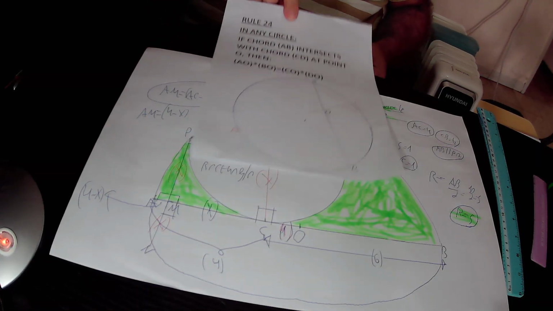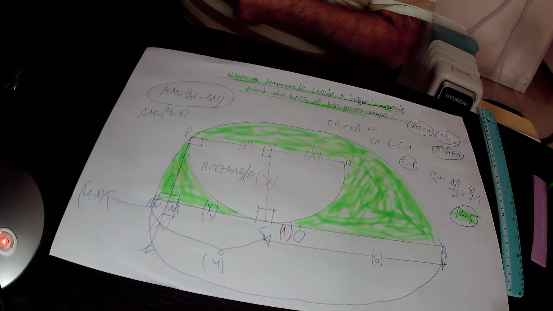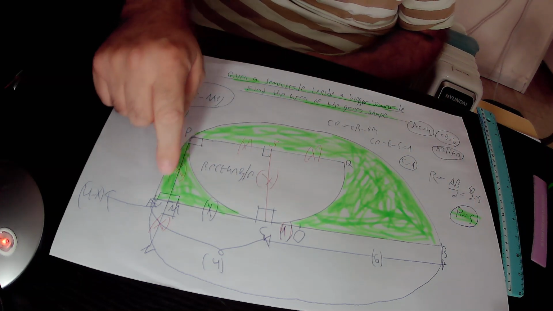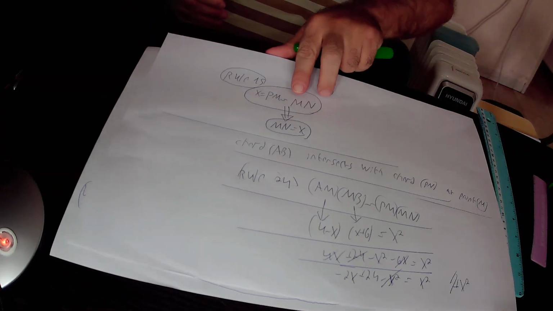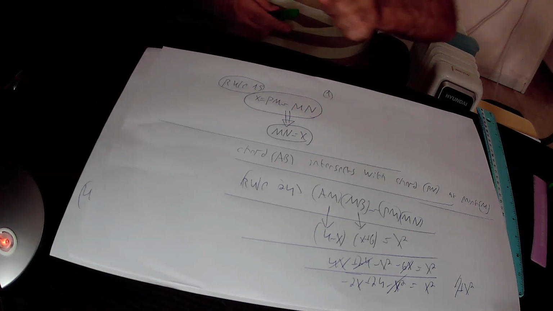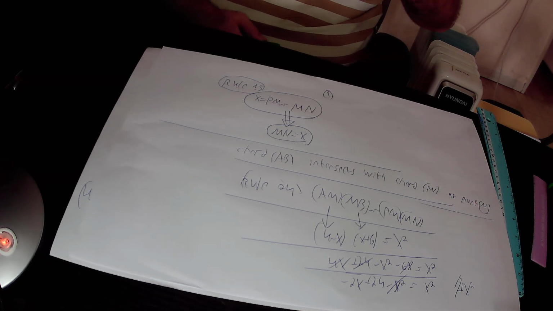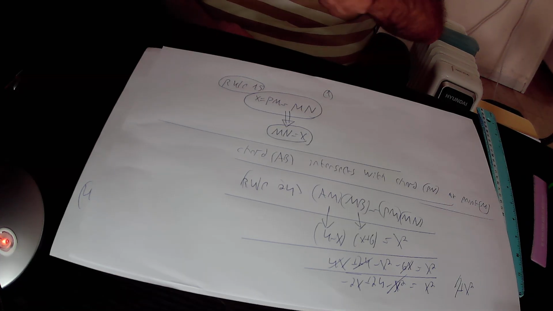So we can implement rule 24 in our drawing. In our drawing, we have chord AB that intersects with chord PN at point M. All the requirements of rule 24 are satisfied, and therefore we can implement it here.